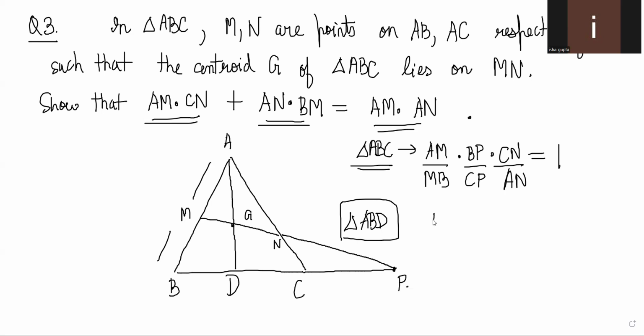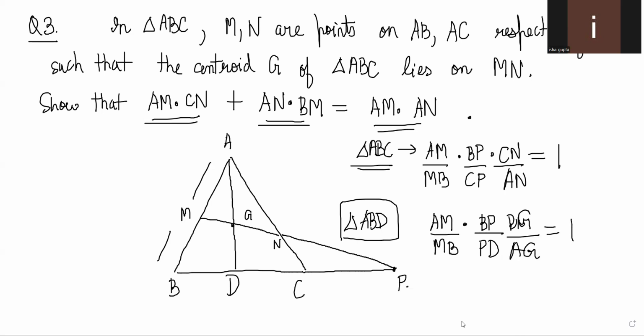So the first ratio is the same, AM by MB. Then the second ratio is BP by PD. And the third ratio is DG by AG, and the product is equal to 1.